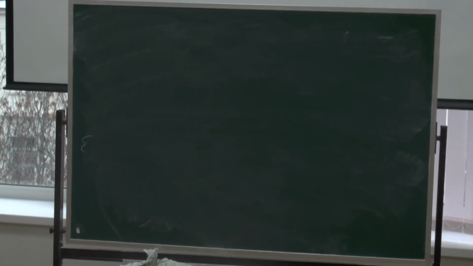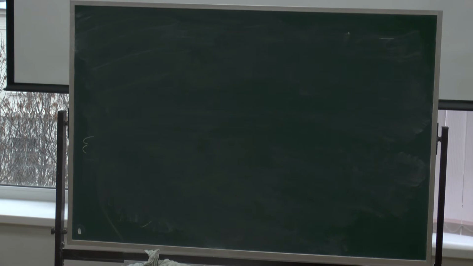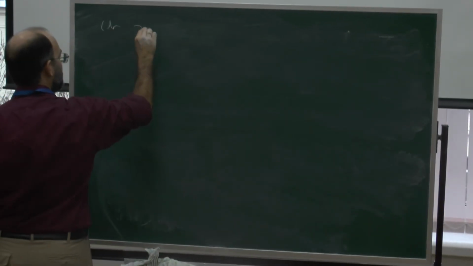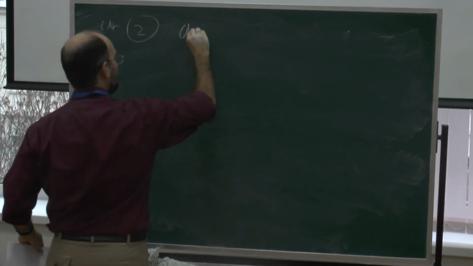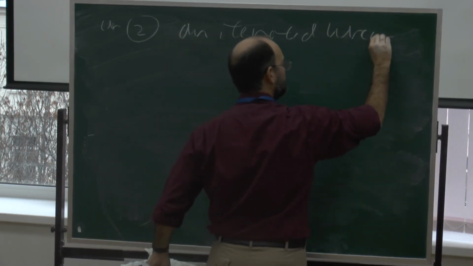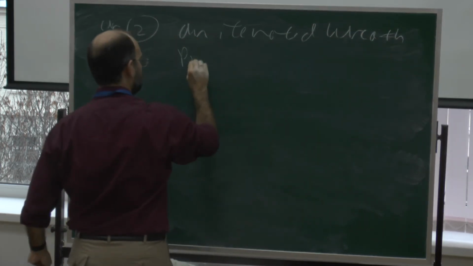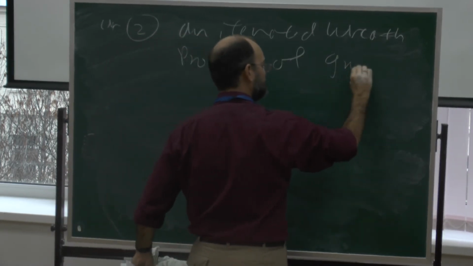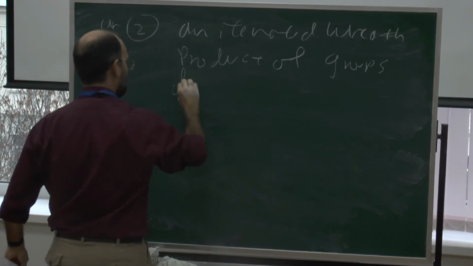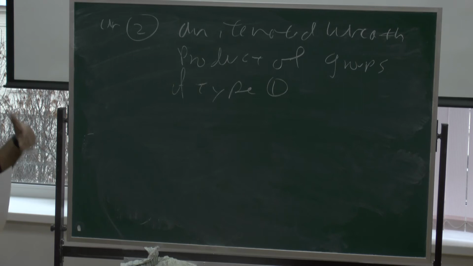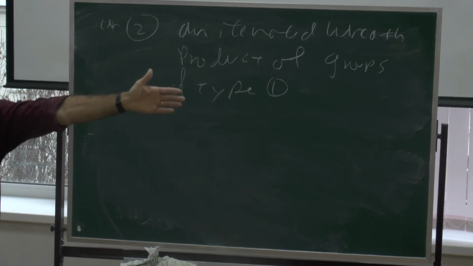What's the phrasing I want to use? Okay. So it's either that, or in fact this is a recursive description, an iterated wreath product of groups of type 1. Essentially iterated wreath products of groups of that form.